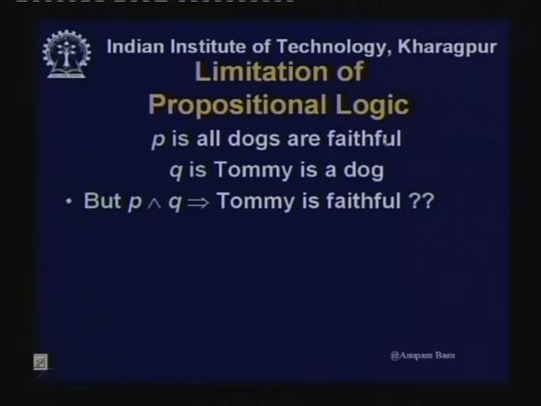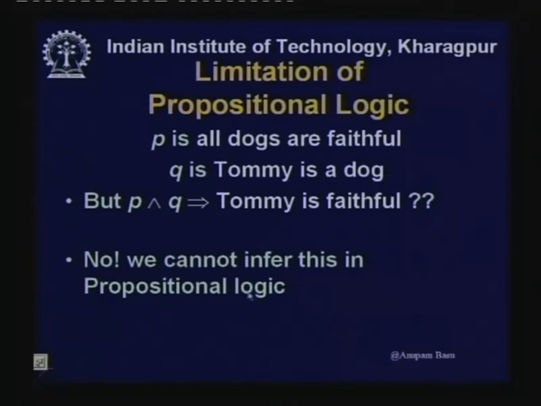If all dogs are faithful is true, then Tommy is also covered there, since all dogs covers dogs other than Tommy. So, from P and Q, can I say Tommy is faithful?